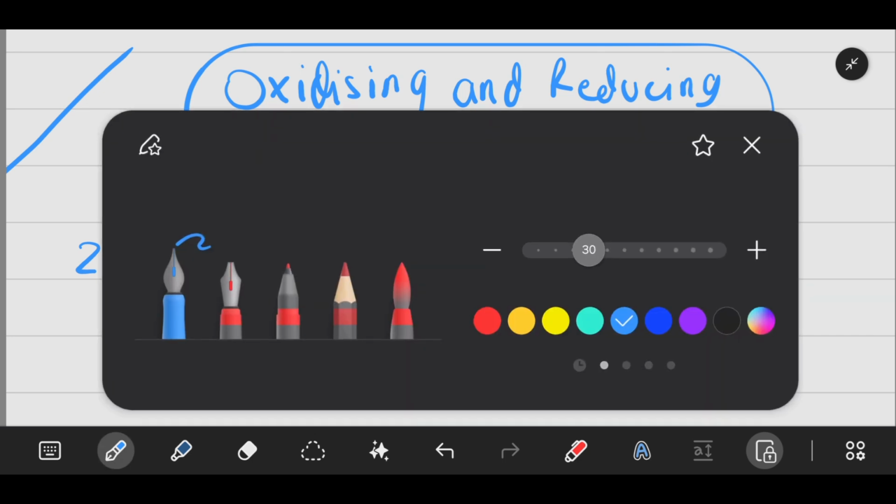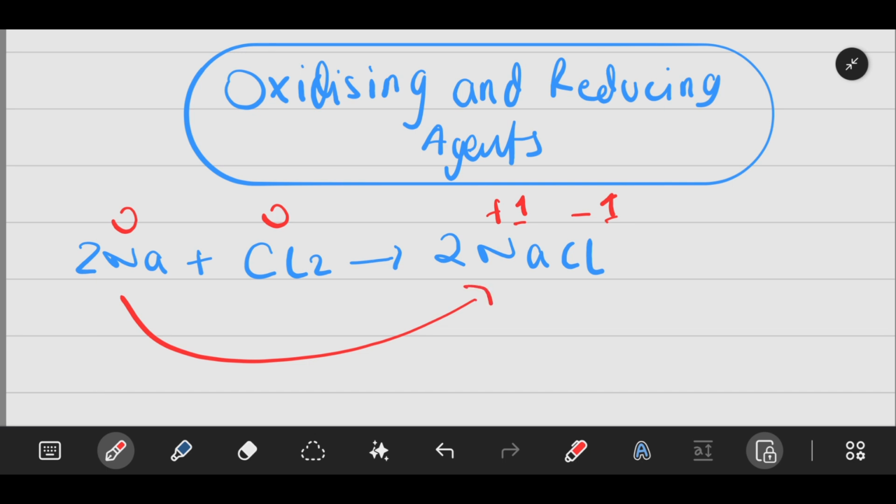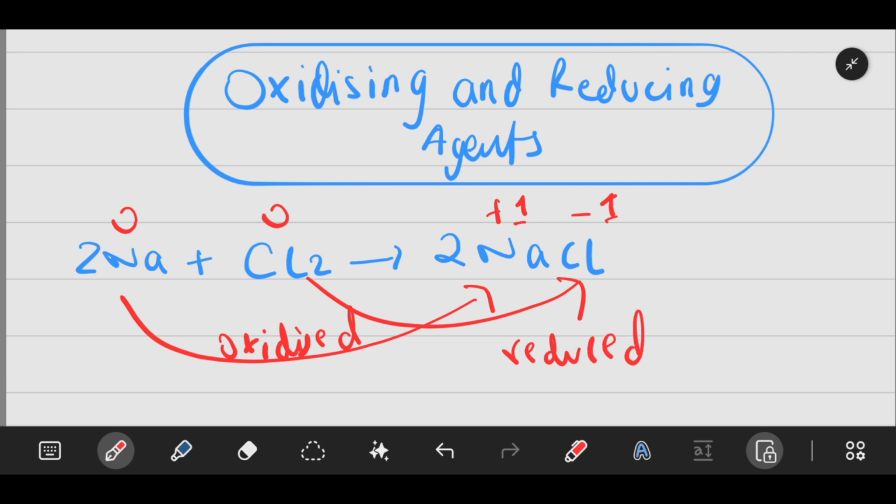So let's do the same over here. Na is a 0, it's an element. Cl is a 0, it's an element. Cl is a -1 and Na is a +1. Na is being oxidized and chlorine is being reduced, right? That was pretty easy.